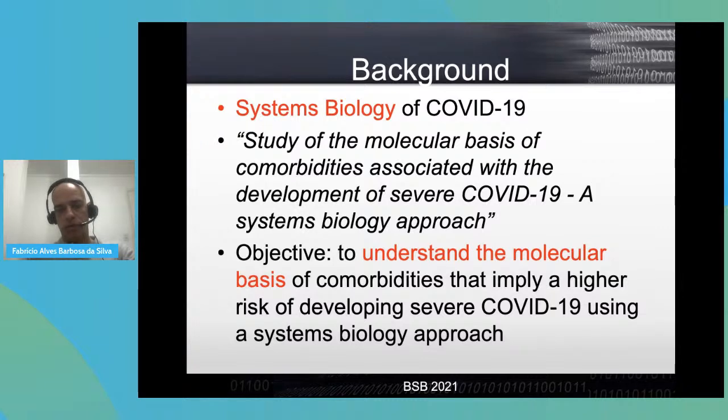The title of the project is The Study of the Molecular Basis of Comorbidities Associated with the Development of Severe COVID-19. And our overall objective is to understand the molecular basis of comorbidities that imply a higher risk of developing severe COVID-19. Of course, using a systems biology approach.